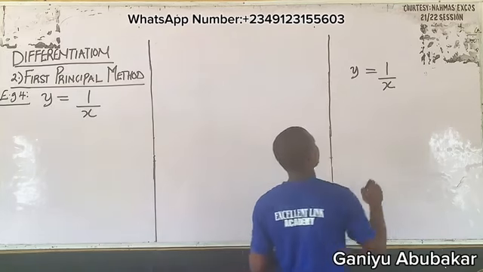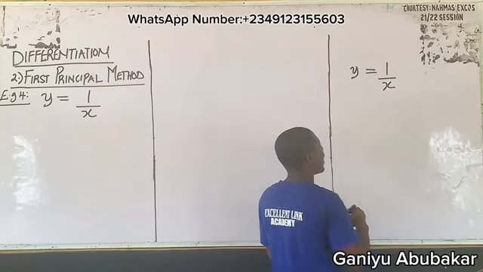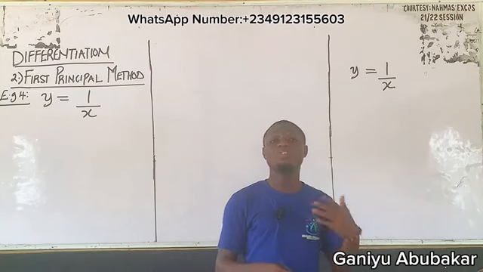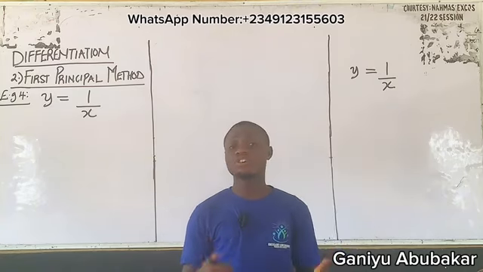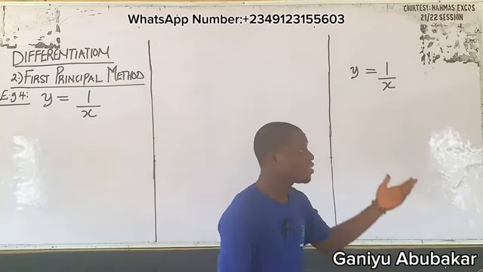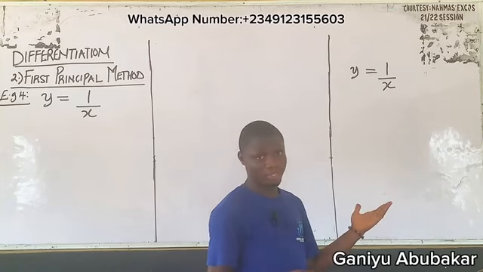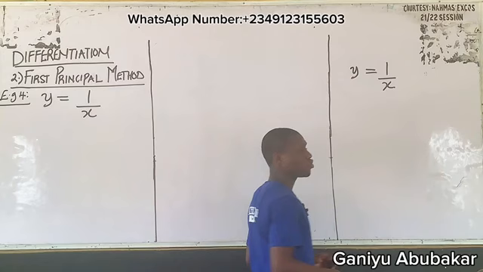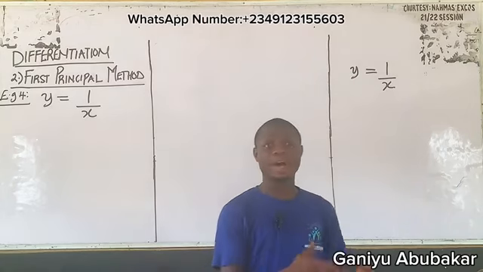From here, I can apply our normal concept that says multiply by the power and subtract from the power. In this case, there's nothing like a power here, so I'll try to express the question in terms of something that will have a power.